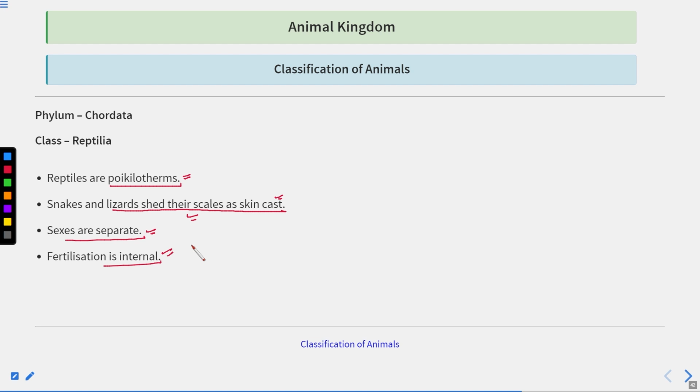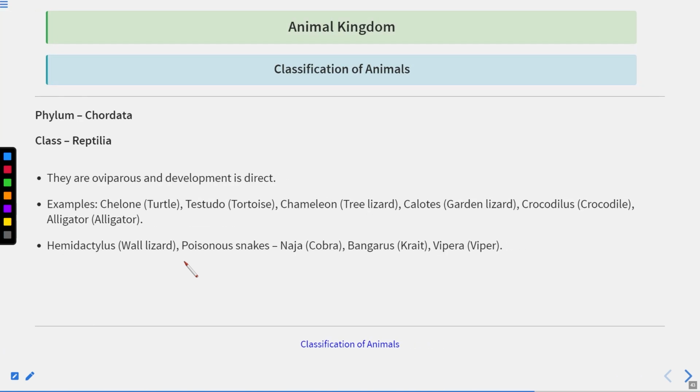Sexes are separate, where they have two individuals, male and female, and fertilization is internal. They are oviparous, that is, their development is direct. They do not form any larval stages. Inside the egg, the individual develops and comes out in a form that resembles the adult. Okay, there are no larval stages.